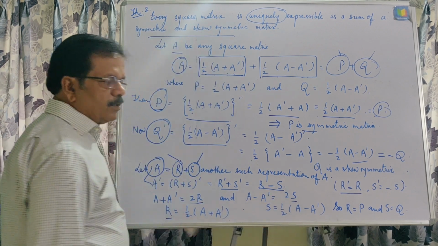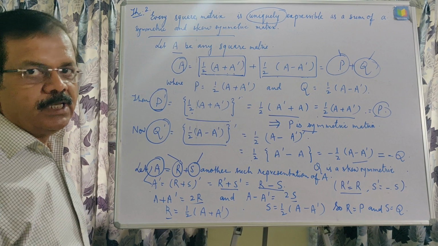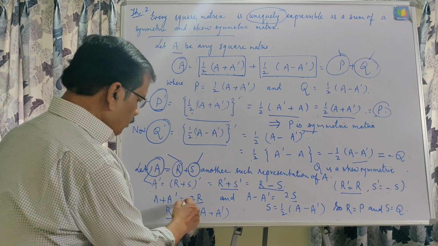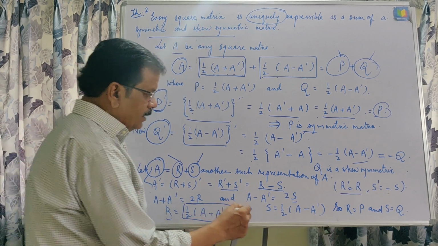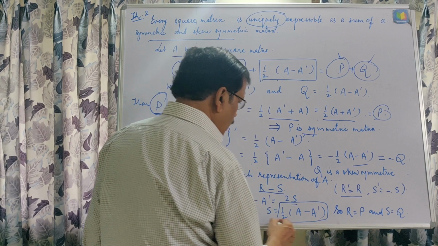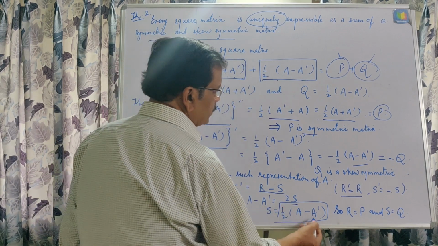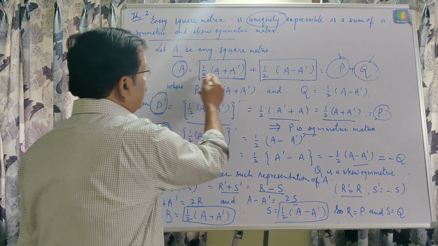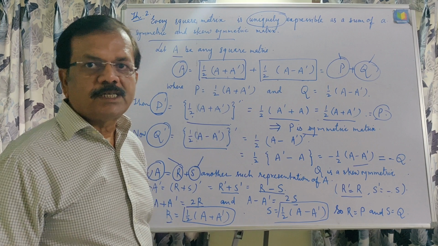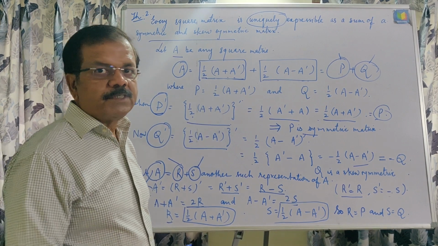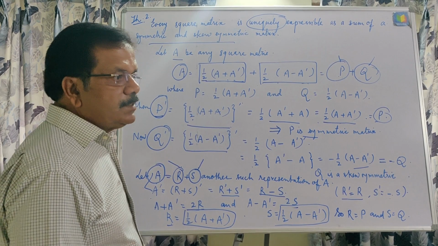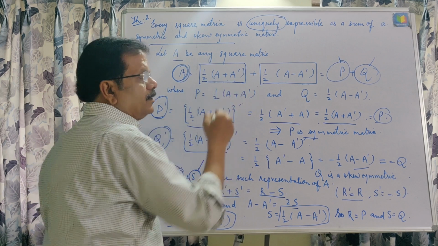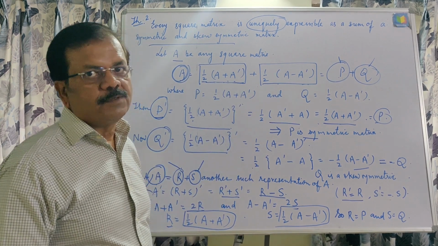That is, R is equal to half of A plus A transpose and S is equal to half of A minus A transpose, and this is the value of P and this is the value of Q. So R is equal to P and S is equal to Q, and that is why we can say that this representation is unique in case of symmetric and skew symmetric, that is we are able to show any square matrix as the summation of a symmetric and a skew symmetric matrix.